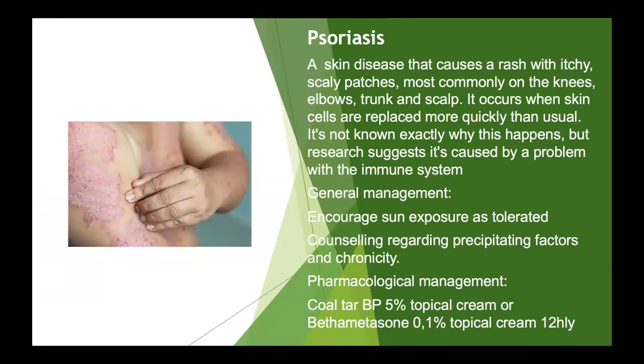The general management would be encouraging sun exposure as tolerated, and counseling regarding precipitating factors and chronicity. So in this case, it would be the HIV virus. Under the pharmacological management, we use coal tar BP, which is 5% topical cream, and steroid betamethasone 0.1% topical cream 12 hours.